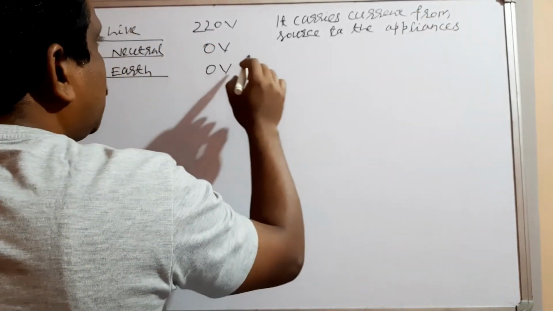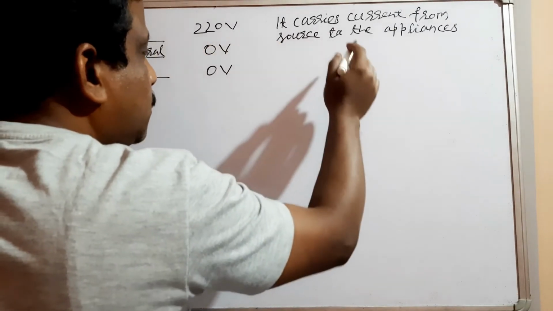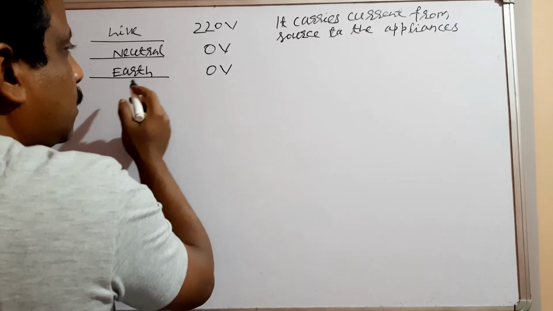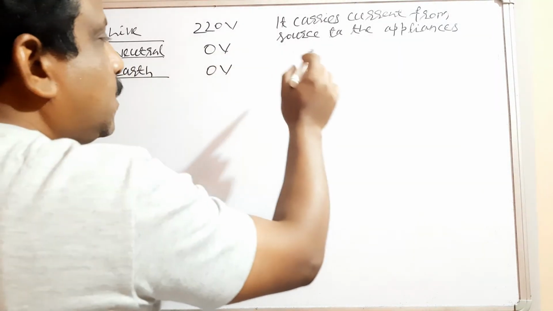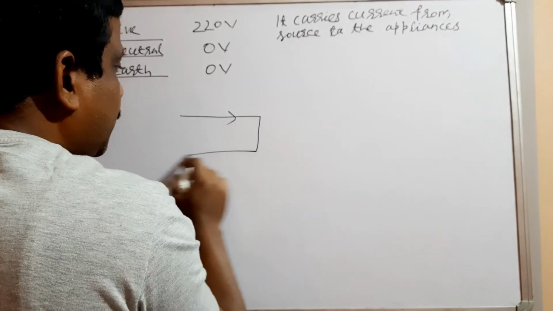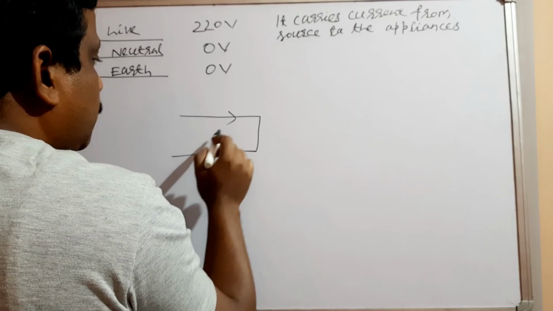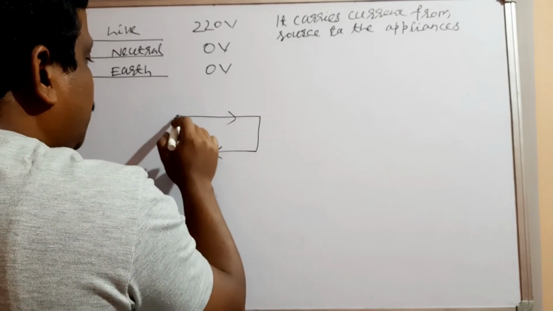And the neutral wire's work is this: through the live wire current is coming and through the neutral wire current is returning. This is the returning path. Because to complete a circuit, through the live wire current is coming, and again it returns back to the pole. That is the neutral wire, the returning path to complete the full circuit.